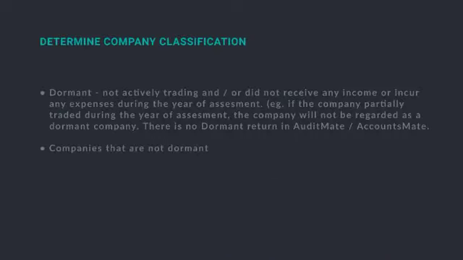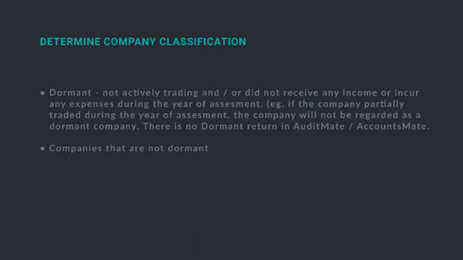All right, what about doing the ITR14? There's basically two classifications of companies. There's dormant companies and there's companies that are not dormant. A dormant company is one that did not actively trade during the year at all. If it traded for 1 day, it's not dormant and it needs to have a tax return.